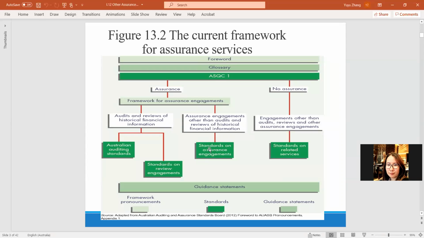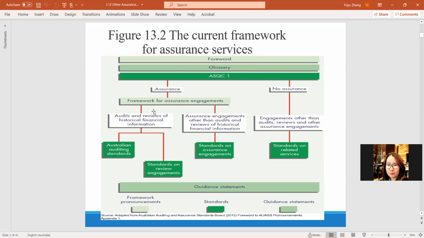So one thing we want to emphasize is that assurance services, especially the assurance services other than the financial statement audit, are regulated under this regulatory framework, the standard framework.